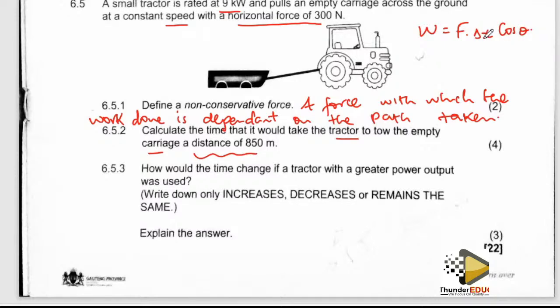We can use this for work done because we know that power is the rate of doing work. So we have our power, we want the time.